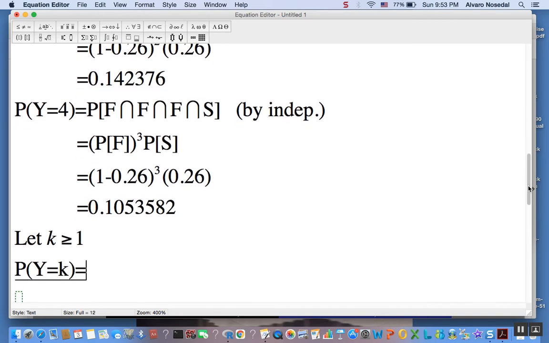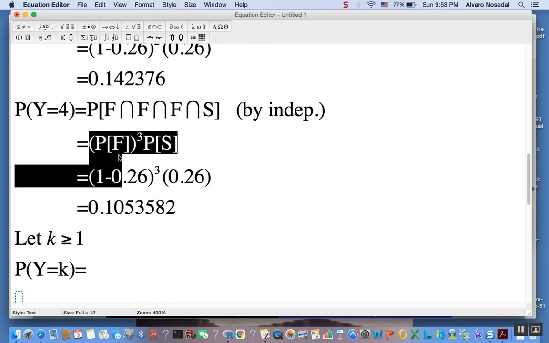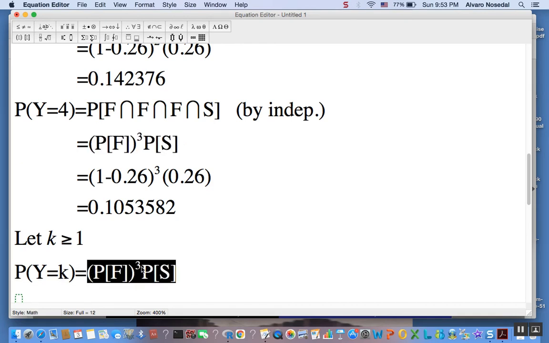So if we needed k trials to get our first success, if we needed to contact k soft drink users in order to find our first Pepsi drinker, that means that the first k minus 1 were failures.